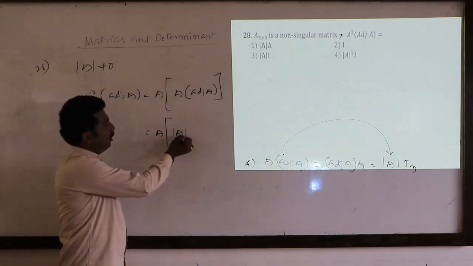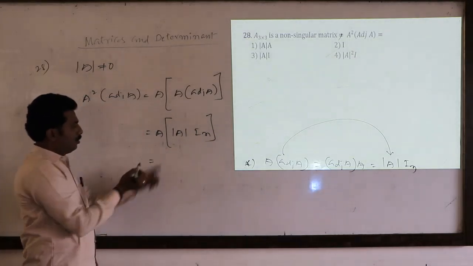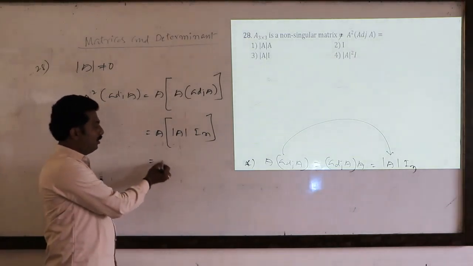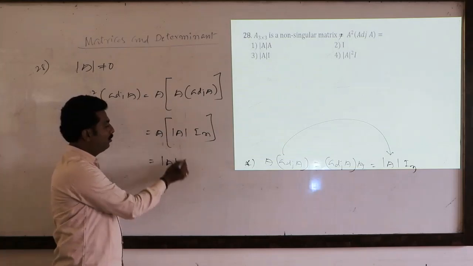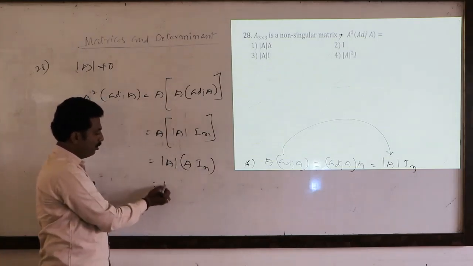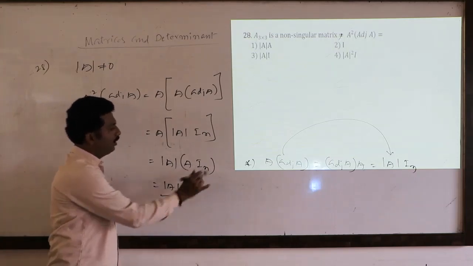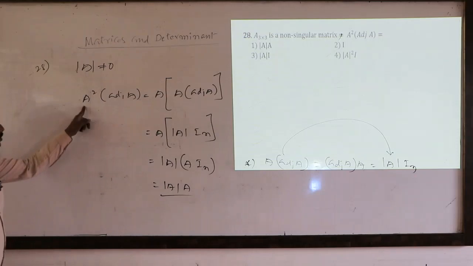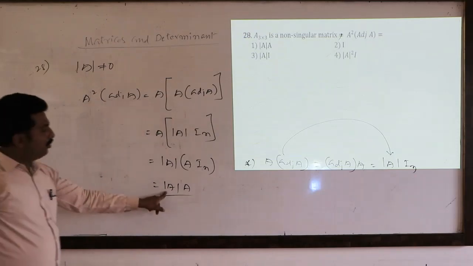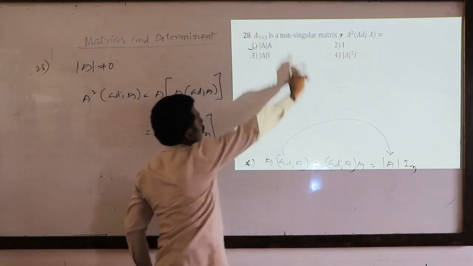Determinant of A is some constant, so determinant of A into the identity matrix is nothing but A. So A square into adjoint of A equals determinant of A into A. So clearly the first option is the answer.